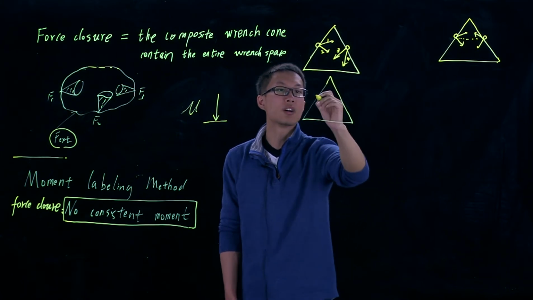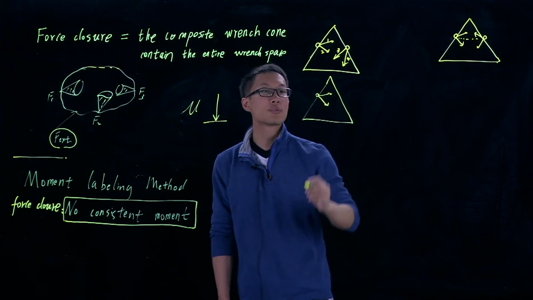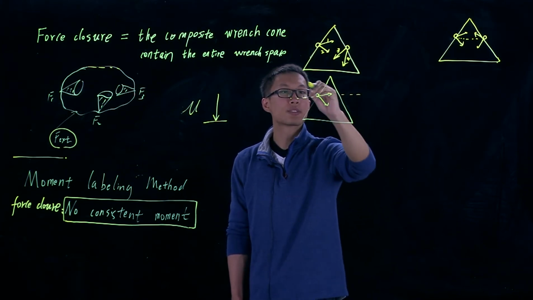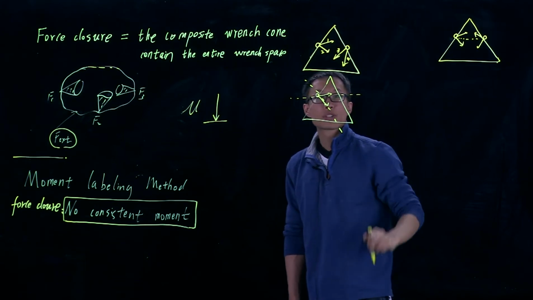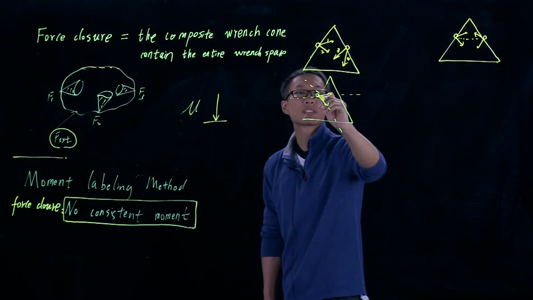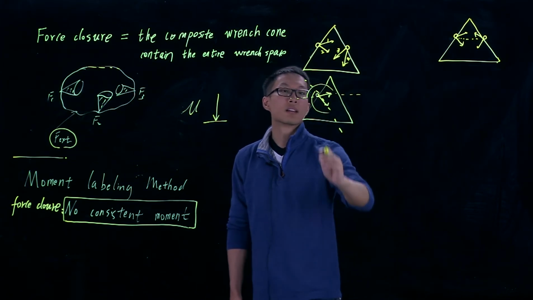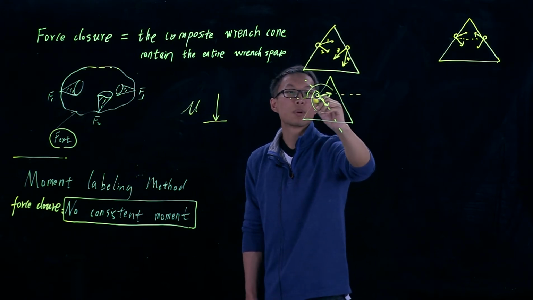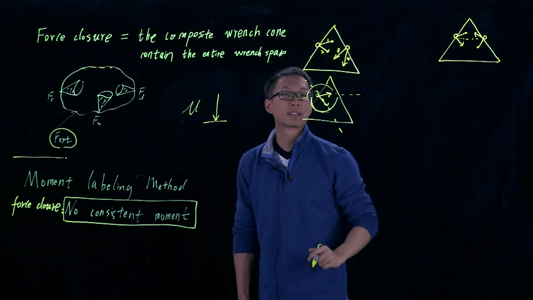First, let's deal with the left wedge cone. It has two wedge edges. Because the force points to the right, for this wedge edge, this part is positive, and this part is positive, and here is a negative moment.